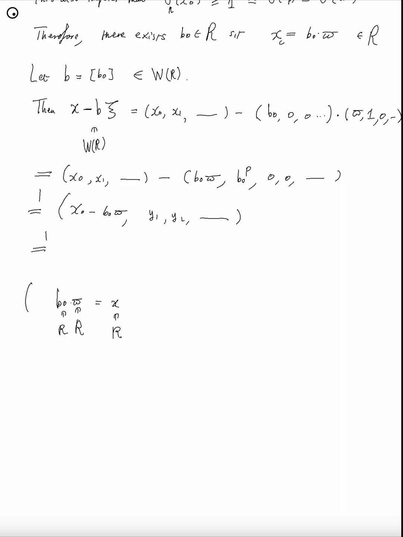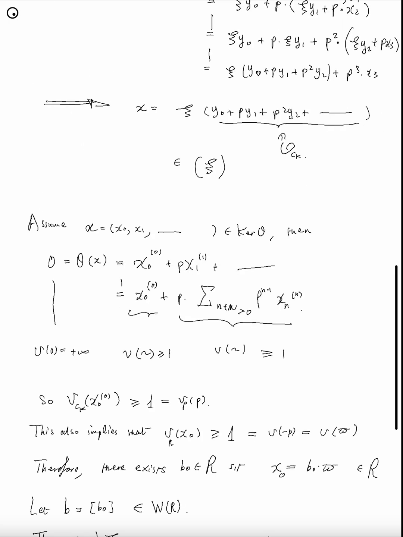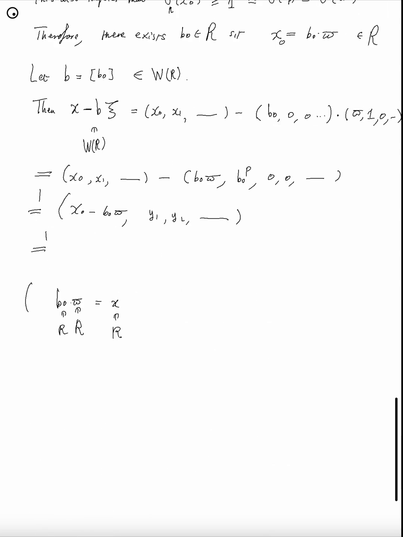So here is just a small mistake. Here is x0, because as we say, it's the valuation of x0 that is equal to the valuation of omega bar, right, in R. X is in W bar, x0 is in R. Now we see this is 0, and then we don't care.